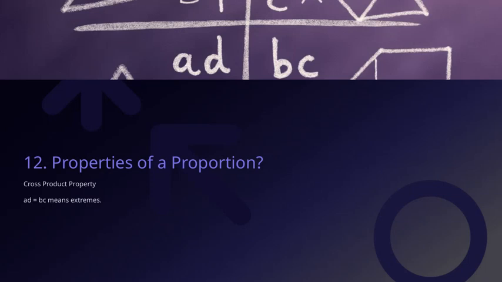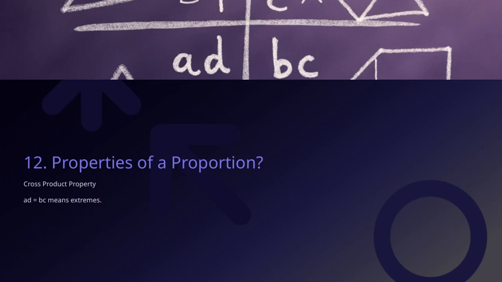Now let's talk about the properties of a proportion, starting with the cross-product property. This is a really useful concept because it helps us understand how proportions work. It states that if 2 ratios are equal, say A over B equals C over D, then the product of the means, which are B and C, is equal to the product of the extremes, A and D. In simple terms, AD equals BC.